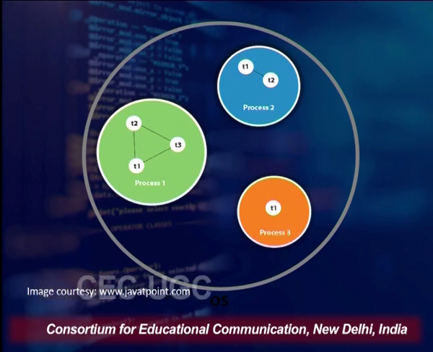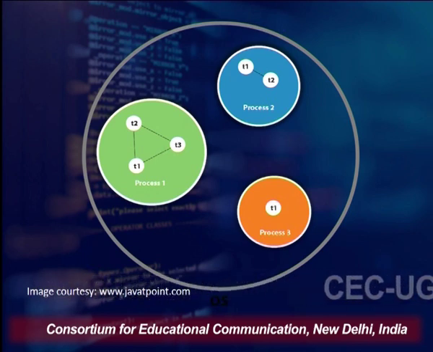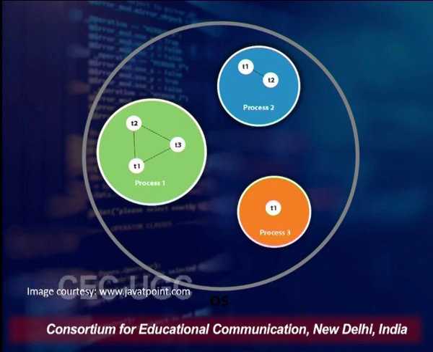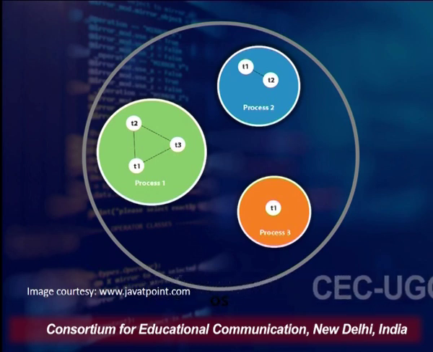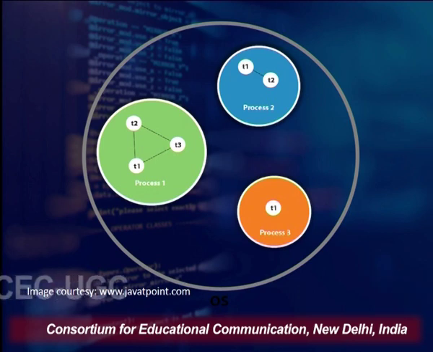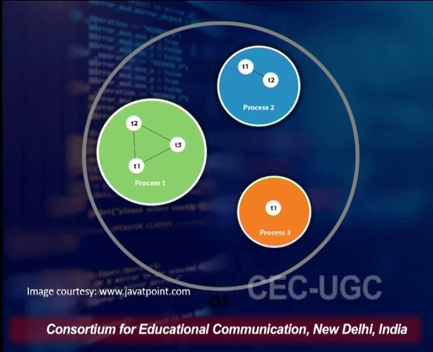Process 1 is getting executed with the help of 3 threads, T1, T2 and T3. In process 2, two separate threads T1 and T2 are there, and in process 3 only one thread, T1, is getting executed.